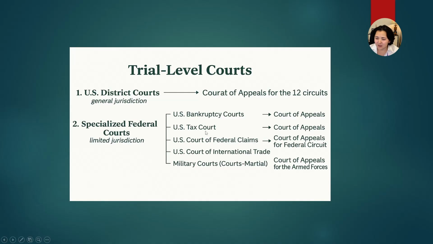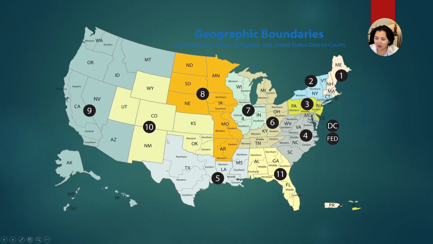So, where do federal cases actually begin? In the trial-level courts, which include U.S. District Courts and specialized federal trial courts. District courts are the general trial courts for federal cases. Why 94 when the U.S. has 50 states? It is an important question, because Congress created as many districts as necessary for efficient case management.